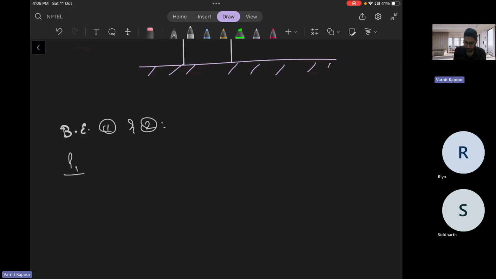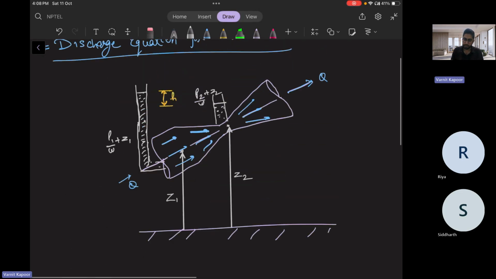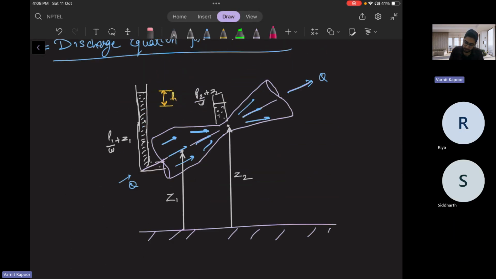So that is P1 by W plus Z1, the hydrostatic pressure, plus the dynamic head V1 square by 2G. Let us say the velocity at point 1 is V1, and here the velocity is V2. Eventually the velocities will be different in the Venturi meter.